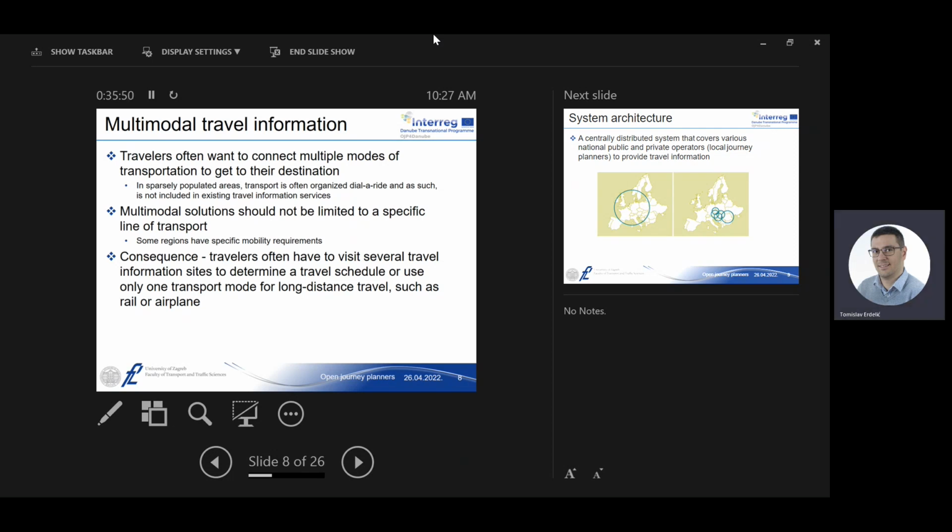Basically, if you are a tourist, then you are also more interested in cultural benefits, and you would like a journey planner to say, you can exit here, perhaps visit some, I don't know, monument or visit Plitvice lakes. And then later you return and there is a bus at, I don't know, 4 p.m. waiting for you to go to Zagreb or something like that.